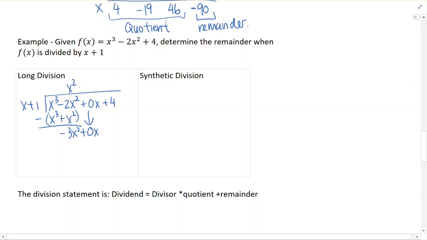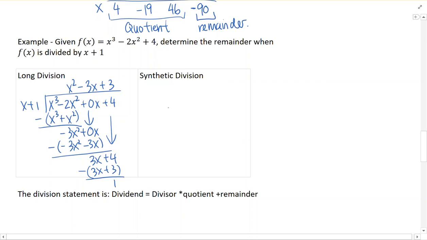So we're going to multiply by negative 3x to get negative 3x squared and negative 3x. Subtract it. So we have negative minus, that'll be 3x. Bring down the plus 4. So it'll be plus 3. So we have 3x plus 3. When you subtract it, we're left with 1.